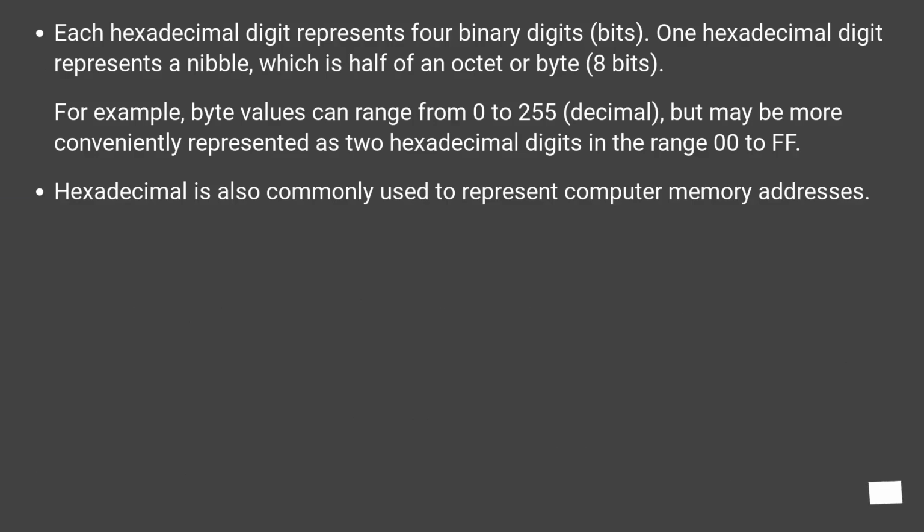One hexadecimal digit represents a nibble, which is half of an octet or byte, 8 bits. For example, byte values can range from 0 to 255 decimal, but may be more conveniently represented as 2 hexadecimal digits in the range 00 to FF. Hexadecimal is also commonly used to represent computer memory addresses.